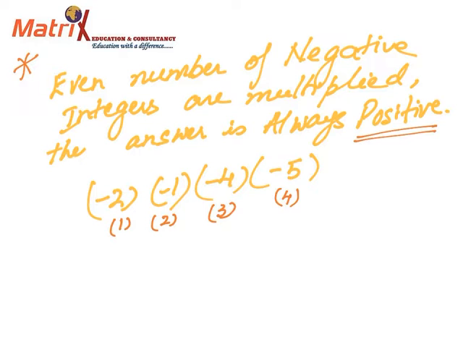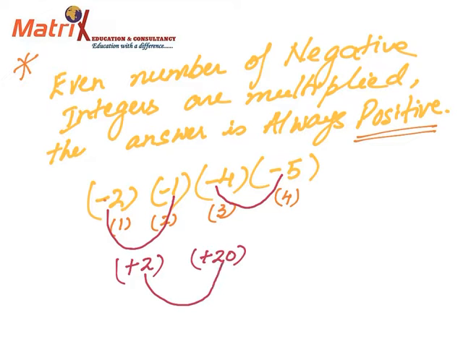Now see, negative 2 multiplied by negative 1 will give me positive 2. Now negative 4, negative 5 multiplied together gives me positive 20.